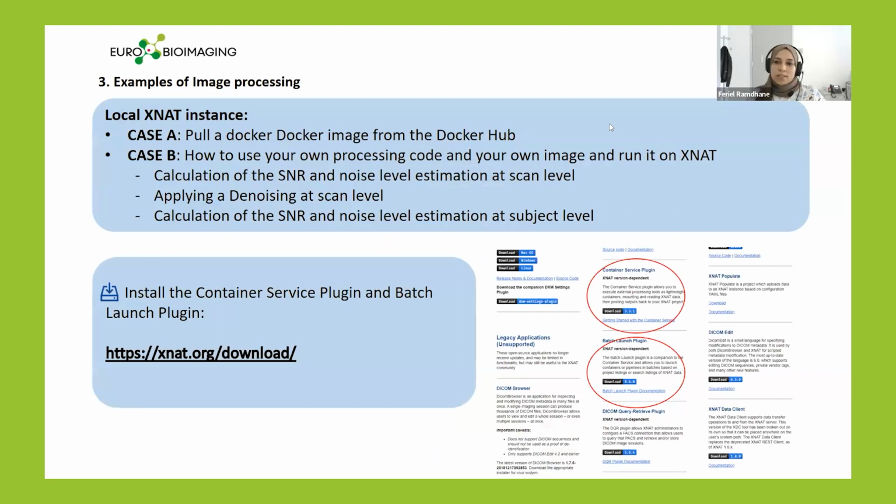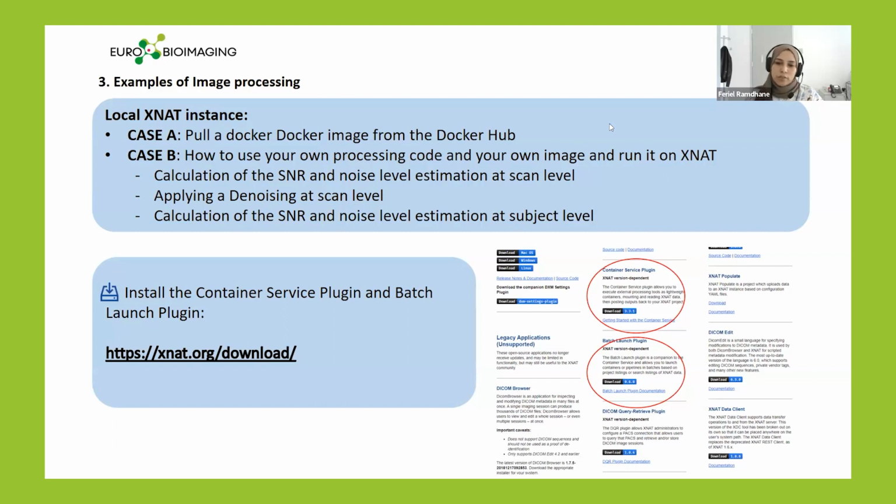Now let's start this simple demo to show you how we can pull and build a Docker container inside XNAT. So we are going to actually build this Docker in XNAT locally. So I'm going to show you how to pull an already existing container from Docker Hub. And then we are going to create a Docker image for first calculation of quality assessment like SNR, and also noise level estimation.